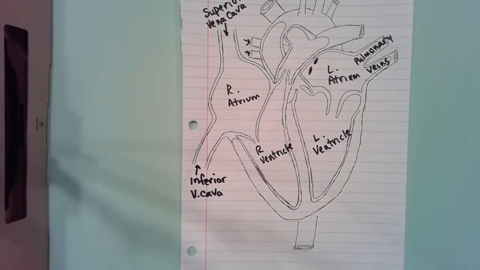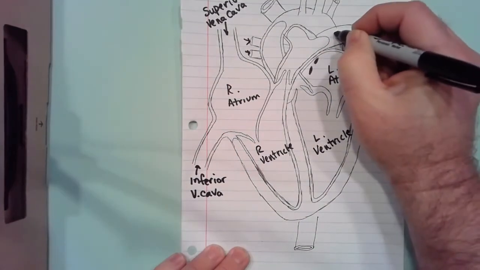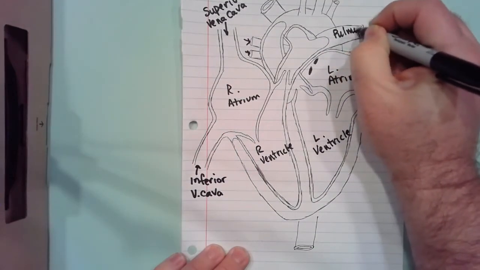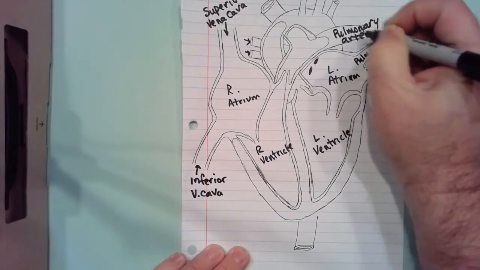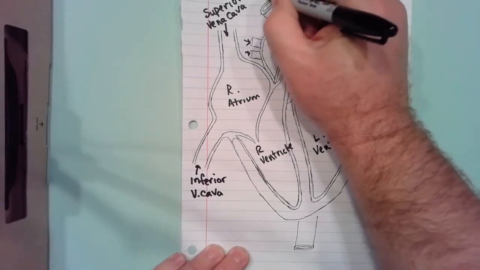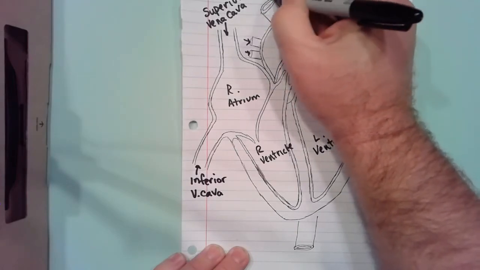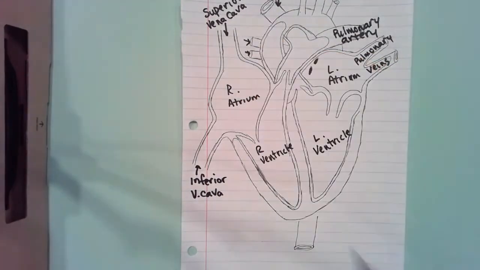The main artery leaving the right ventricle is called the pulmonary artery, which is this right here. And again, there's a left and a right pulmonary artery.